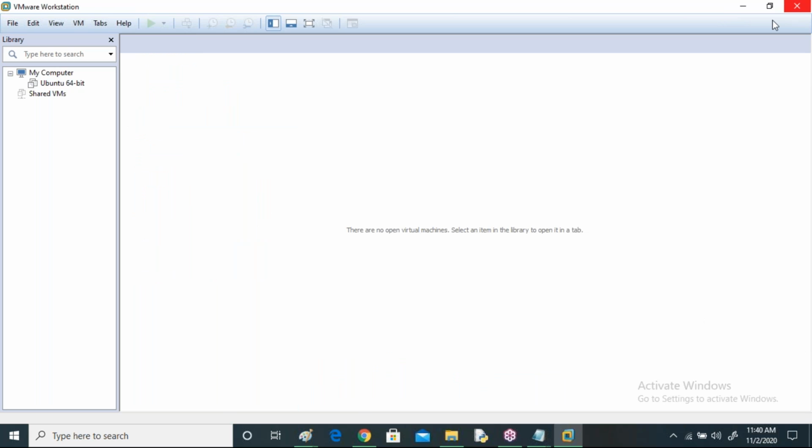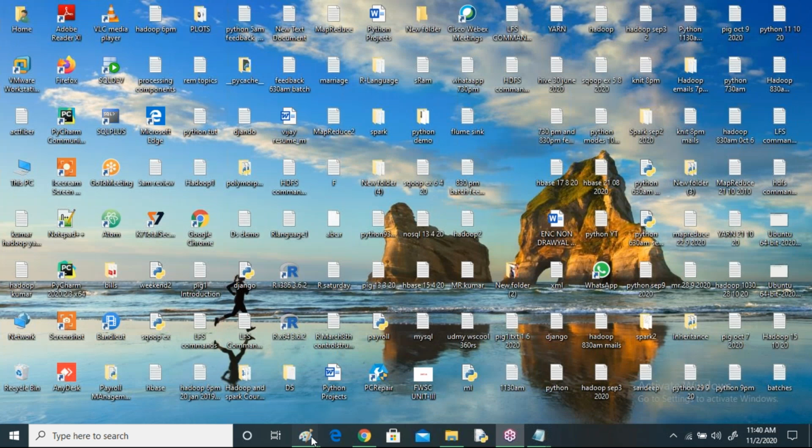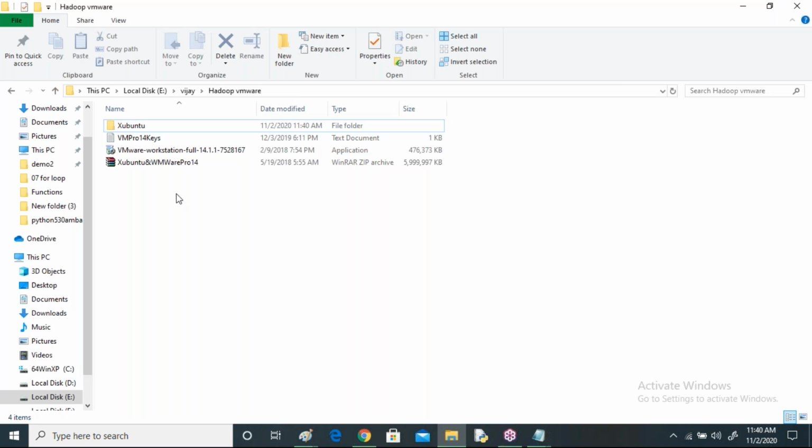First, download and keep it, and install that VM. Normal installation: next, next. What you need to do next, I'll tell you at the start of tomorrow's session. Tomorrow I'll go with the basic Linux commands before I go with the actual HDFS commands.